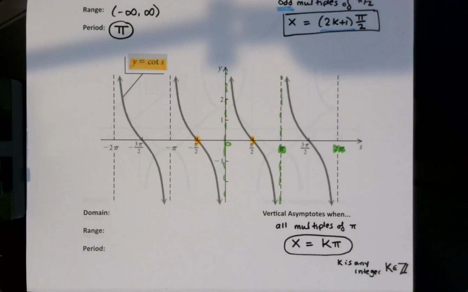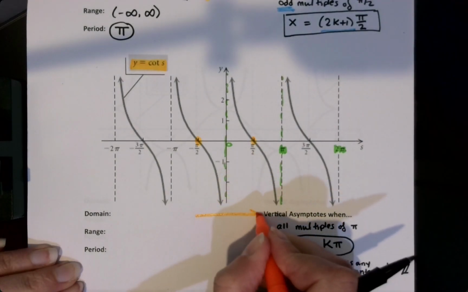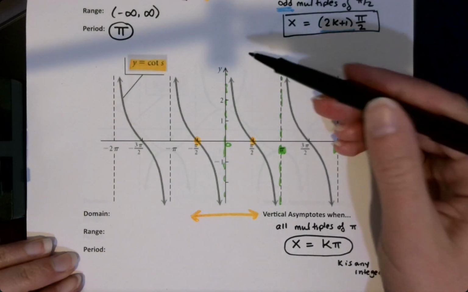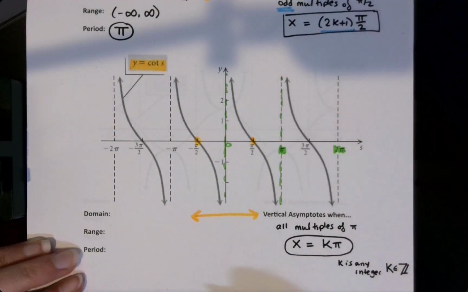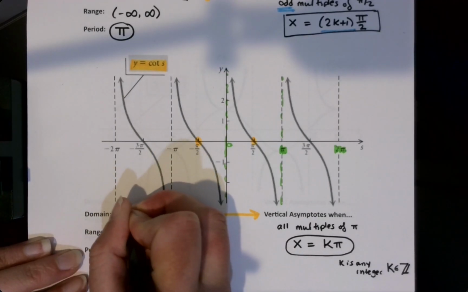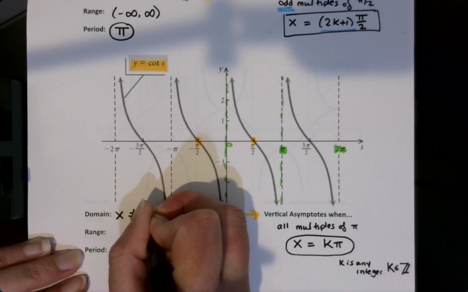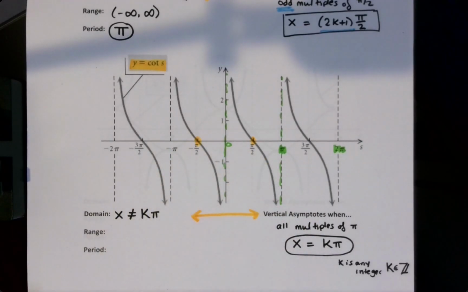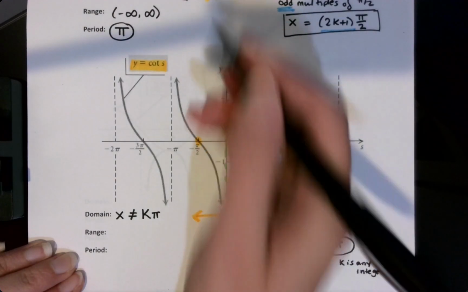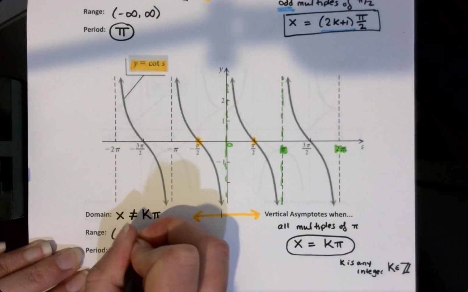Okay. Once again, there is going to be a relationship between the vertical asymptotes and the domain. If you have asymptotes at any integer multiple of pi, then those are not in the domain. So the domain is x is not equal to k pi. The range, we go all the way to negative infinity and infinity on every little slice right here.